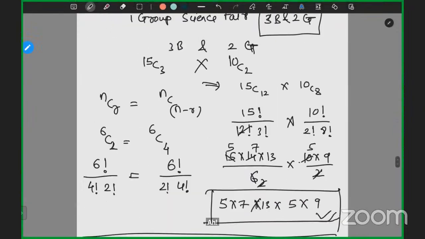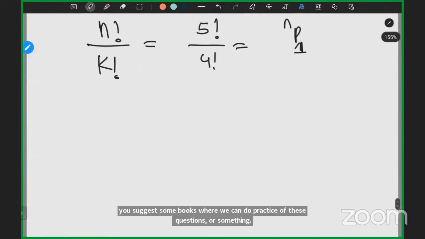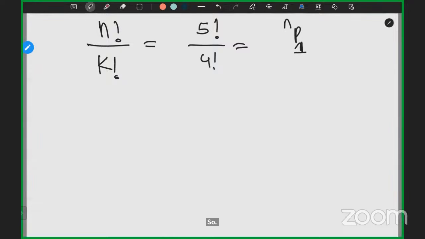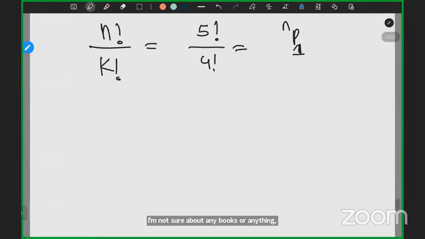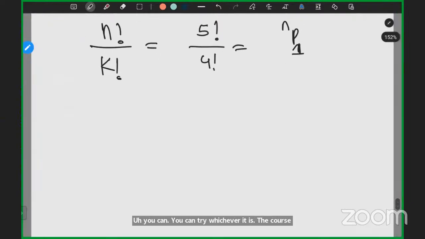Can you suggest some books where we can practice these questions? Were you able to solve all the questions in our portal? I haven't tried yet. Actually, I'm not sure about any books, but you can try the course book, the statistics book covered in this course.